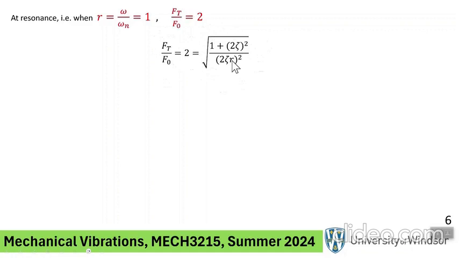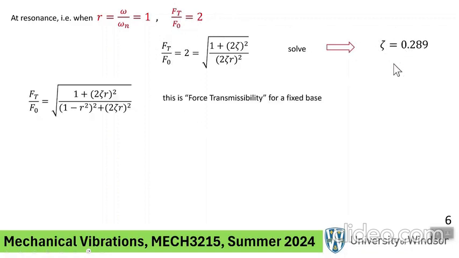We know the value of r, which is 1. You just plug it in and you get your zeta. So this condition at resonance, that we want the transmissibility Ft over F naught to be 2, translates into the value of the damping ratio, zeta.